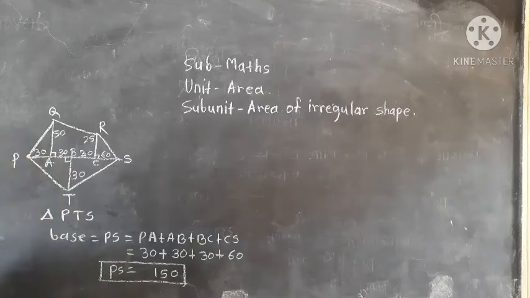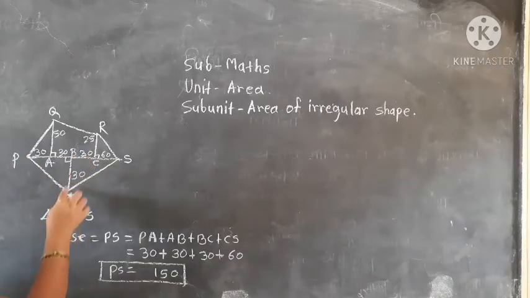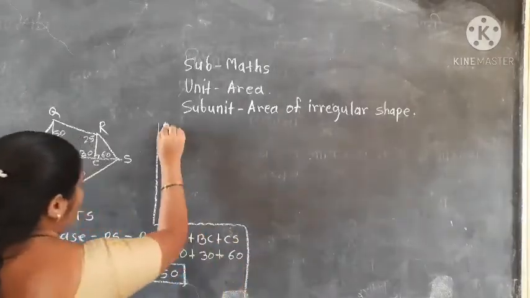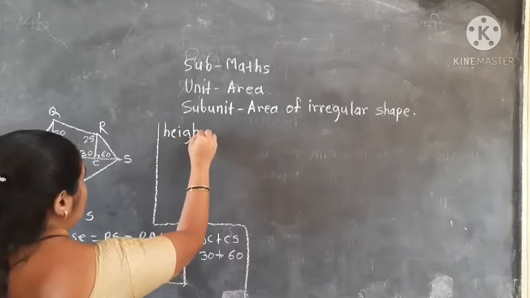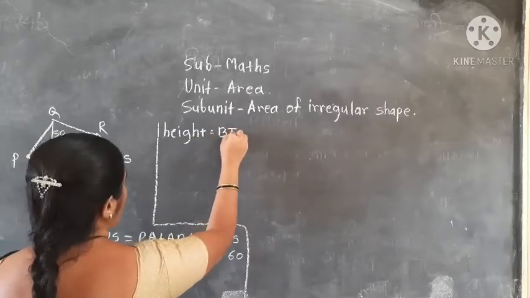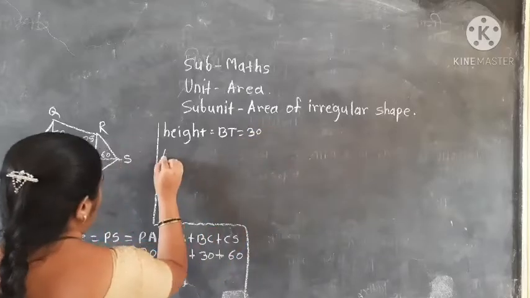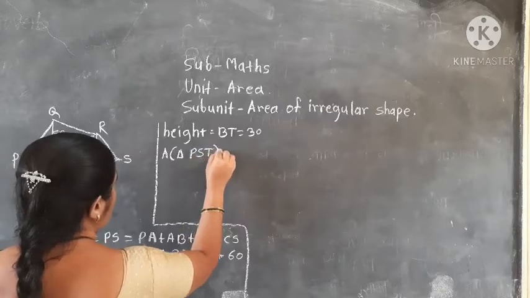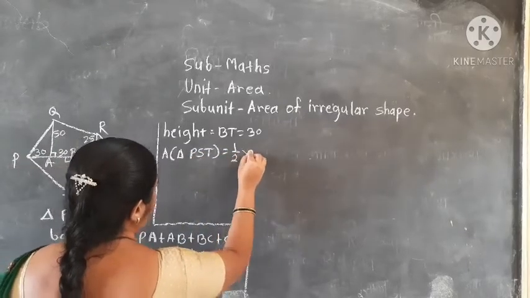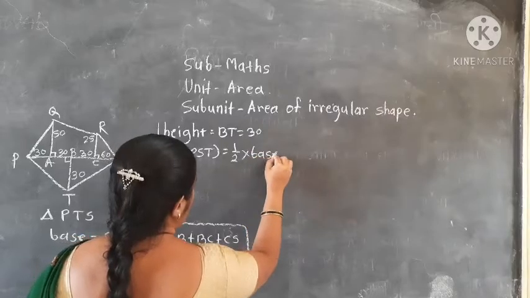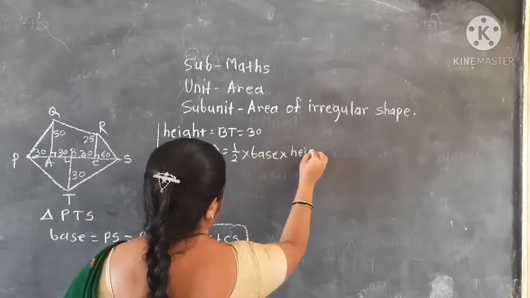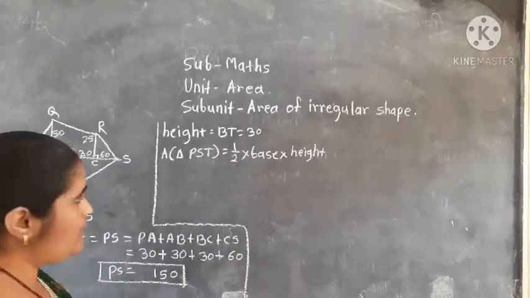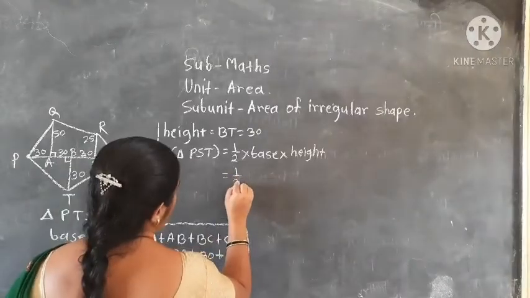PS is 150 meter and BT is the height. Height BT is equal to 30 meter. Then the area of triangle PST is equal to 1/2 into base into height. We use the first formula for calculating the area of PST. 1/2 is written as it is.